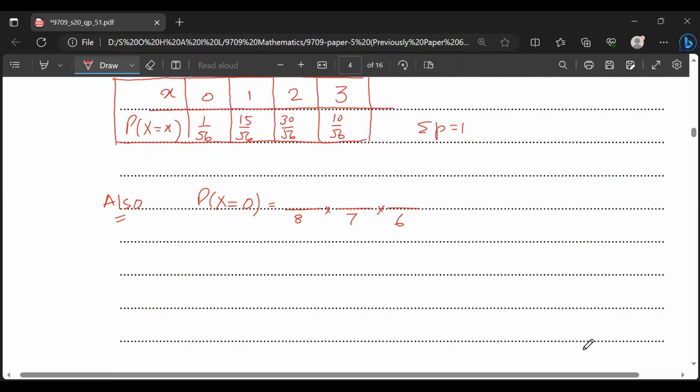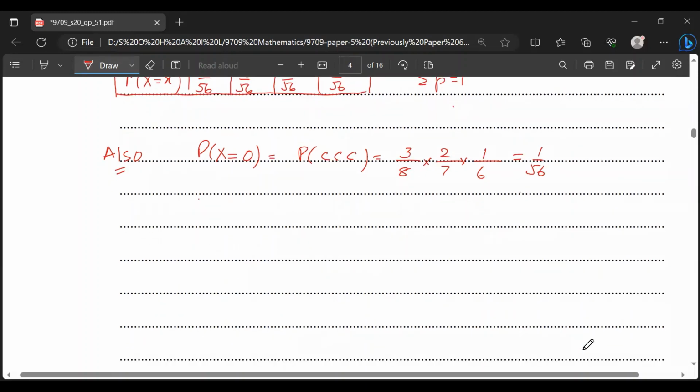So we write the probability of chocolate, chocolate, and chocolate. The first chocolate is out of 8, the second is out of 7, the third is out of 6. We have 3 initially and then 1 less and then 1 less. So the answer is 1 over 56, same as before.